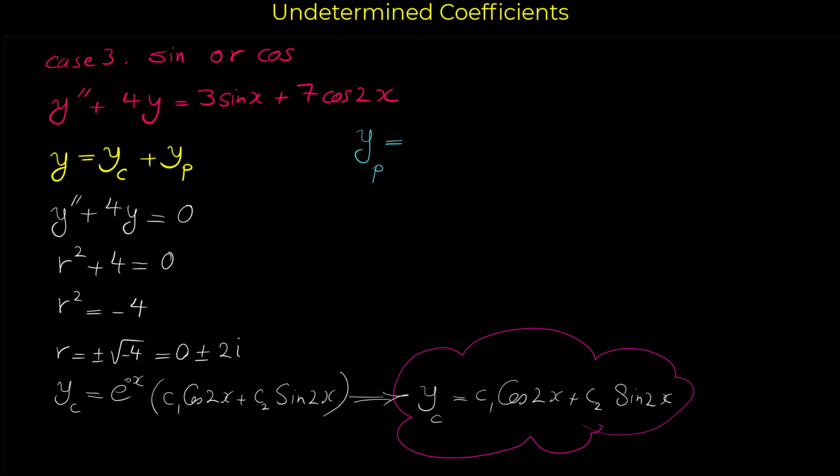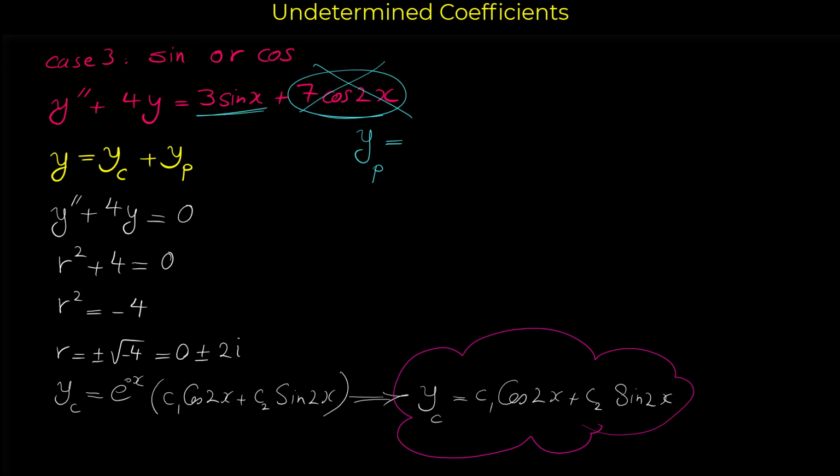So, for a moment, suppose we don't have this function here. Focus on this part. Here we have 3 sine of x, and we want to write the particular solution for it. The functions whose second derivative plus the same function equals 3 sine of x are only sine and cosine, because we know that by taking the derivative of sine and cosine we come back to the same function.